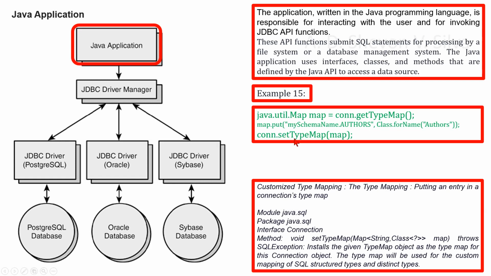The method void setTypeMap(Map<String, Class<?>> map) in interface Connection in package java.sql and in module java.sql installs the given type map object as the type map for this connection object.